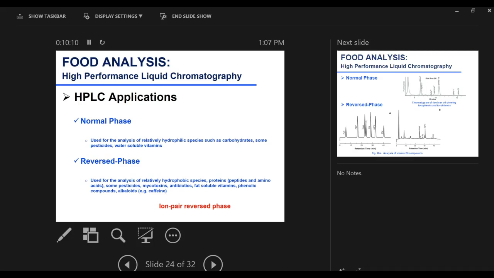I have ion pair reverse phase here. What that means is my stationary phase is nonpolar, and I'm trying to separate compounds that have charge. So they do have some hydrophobic components, but they have charge too. To enhance interaction with the column, I put ion pair in it.